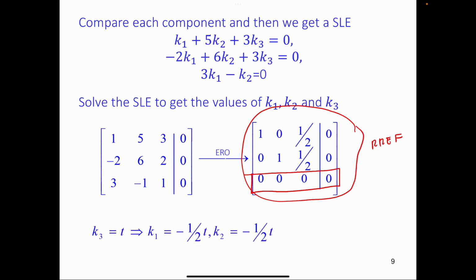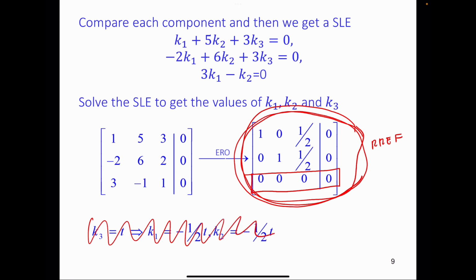You don't have to calculate the solutions for K1, K2, K3, because from this form of the RREF matrix, we can conclude directly that the system has infinitely many solutions. So you don't have to give the solution.